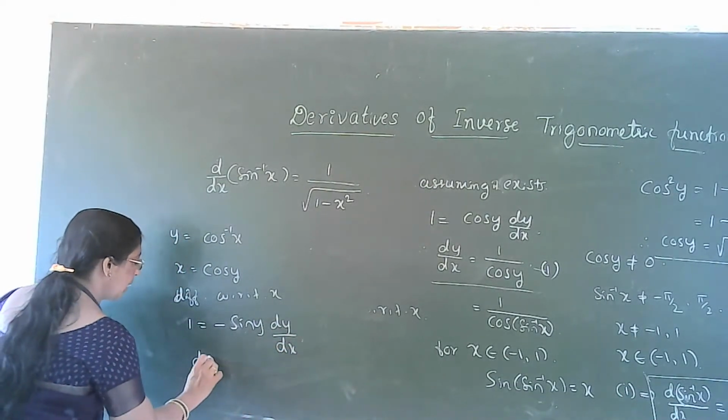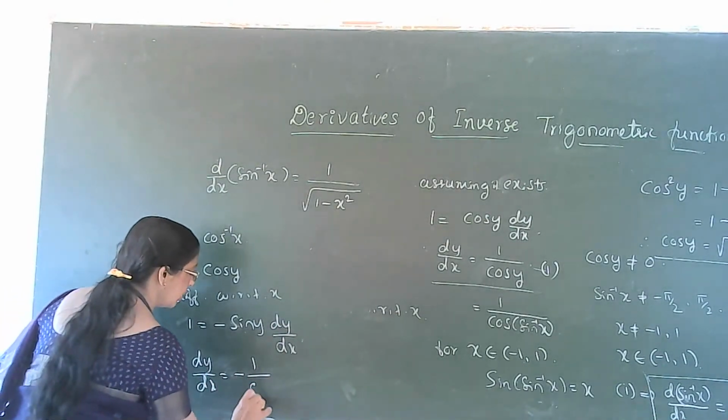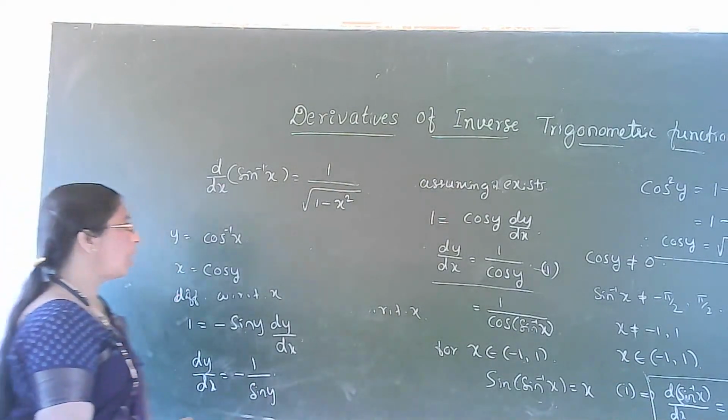Then dy by dx is equal to minus 1 by sin y.